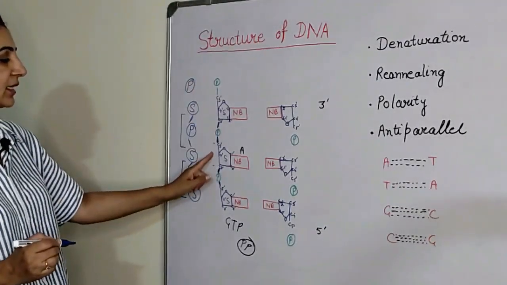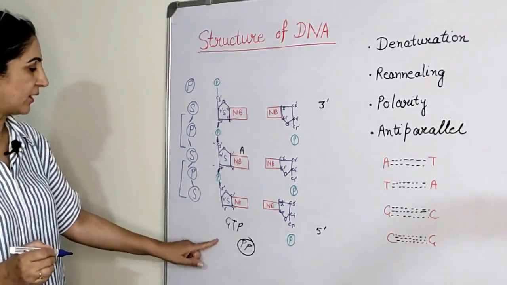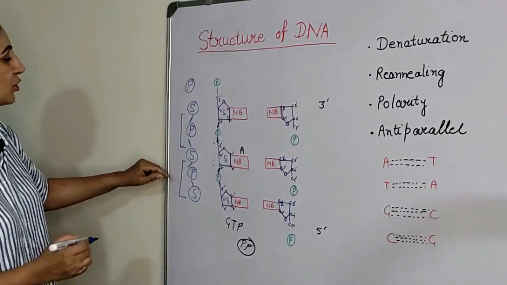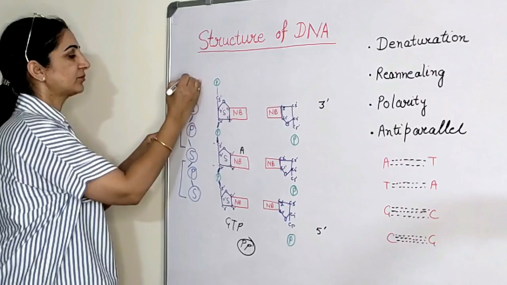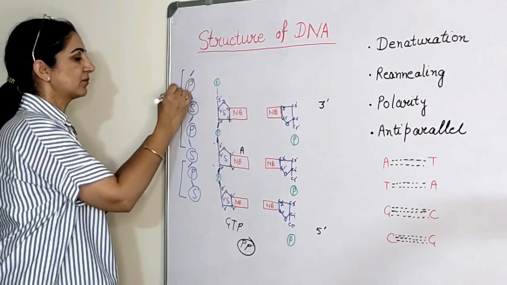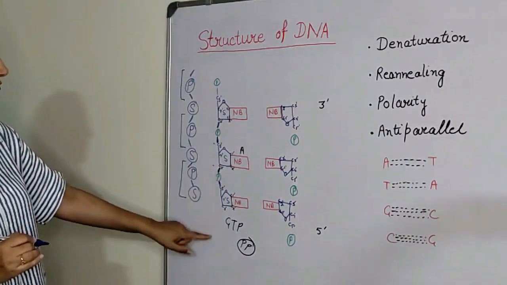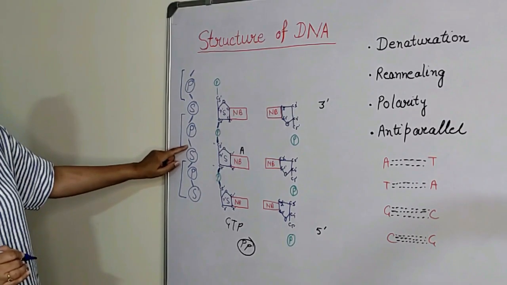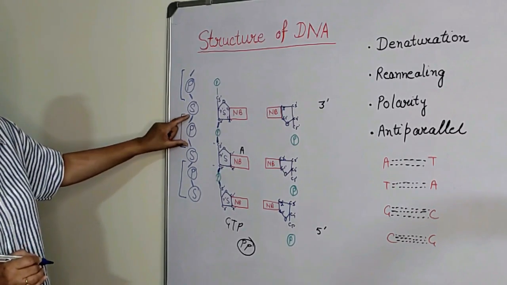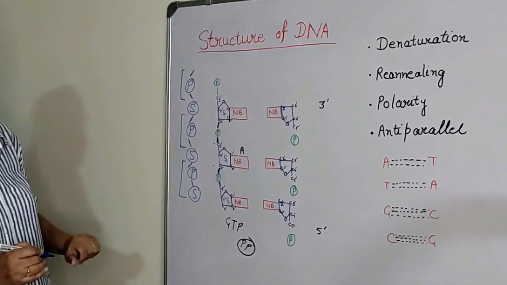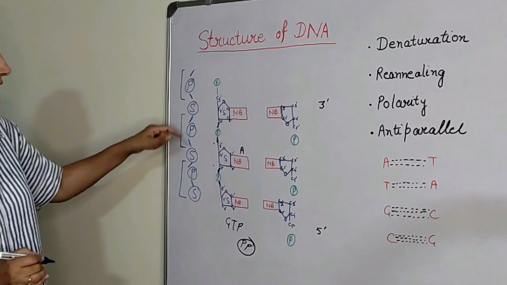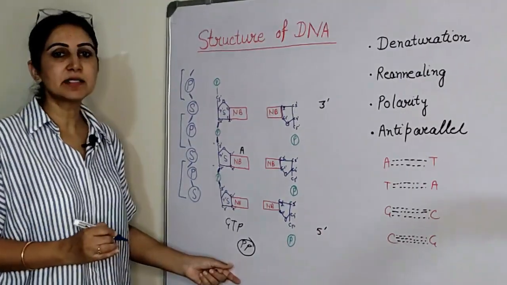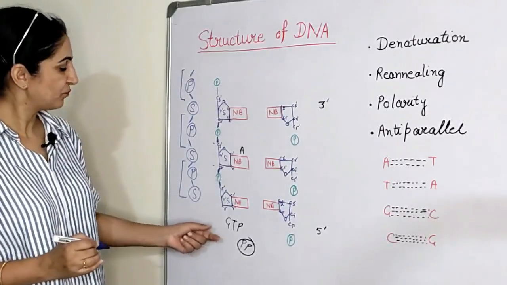So we get a single linear strand of phosphorus and sugar subunits like this, linked to each other with the help of phosphodiester bondages. Now these bonds are strong bonds, these are not easily broken. So this is how we synthesize a single strand of DNA.